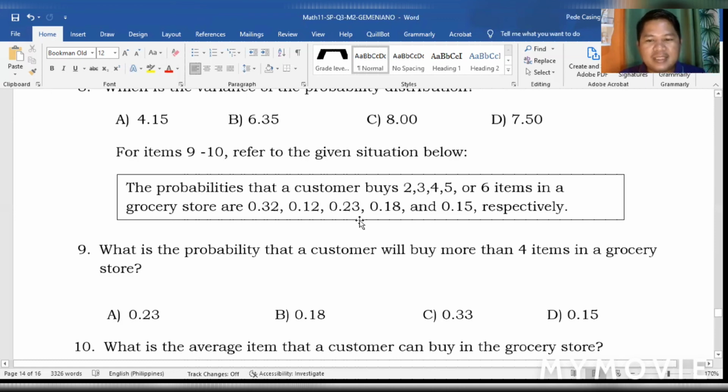The variable for x, i-subtract mo sa mean. Then after that column, you square it, x minus m squared. Then multiply na naman sa probability p of x. Then i-add mo lahat ang products to get the variance. To get the standard deviation, i-take mo lang ang square root ng variance.